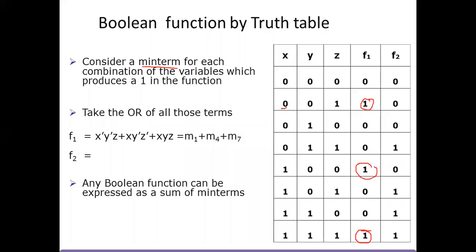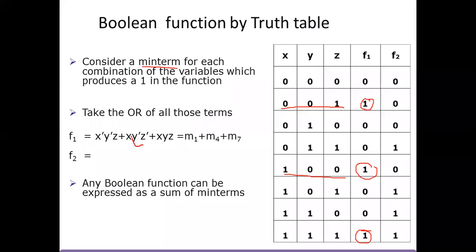And the corresponding variable values: x is 0, y is 0, and z is 0. Since x and y are both 0, we have to prime them: x dash, y dash. And here we have x is 1, the other two are zeros.